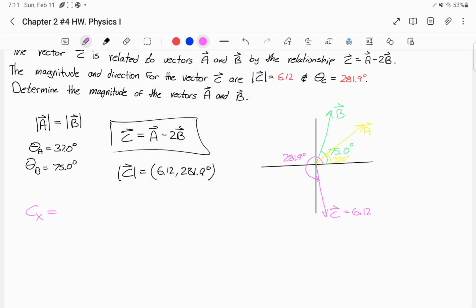C sub x, the x component for the C vector, because remember that a vector has an x component and a y component, and the resultant vector is the sum of those components. So the x component is going to be the magnitude times cosine of 281.9 degrees.